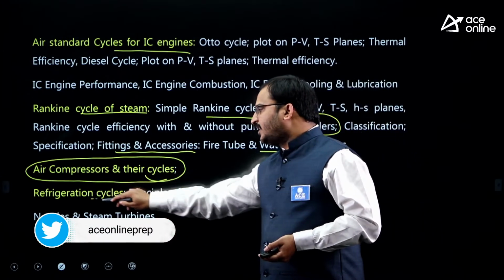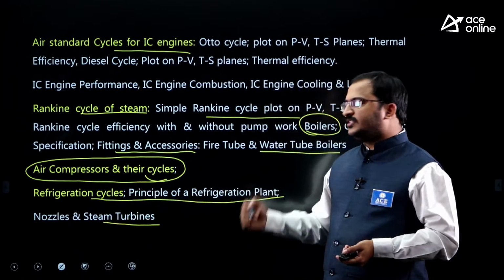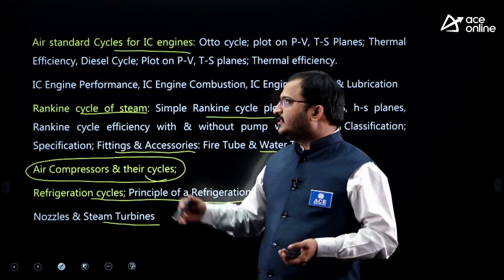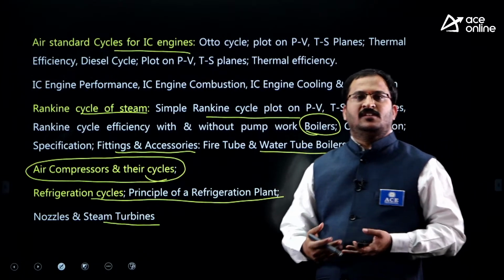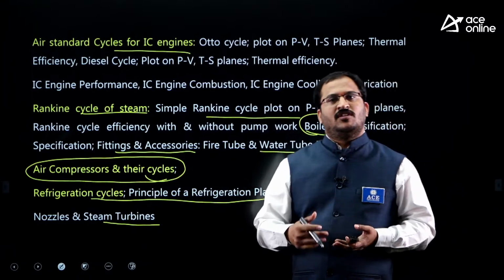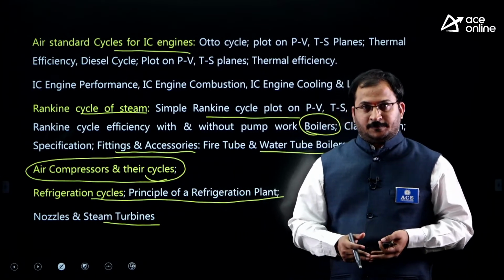Then refrigeration cycles, principle of refrigeration plant, steam nozzles and steam turbines are also there as part of applied thermodynamics. This is all the applied thermodynamics part. Previously we have seen the basic thermodynamics part. So this total weightage will be around 300 marks in the paper 2 examination.